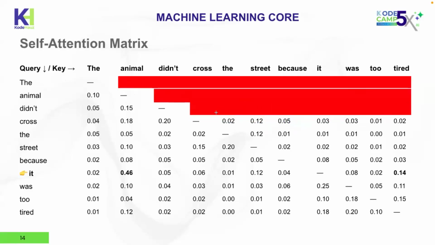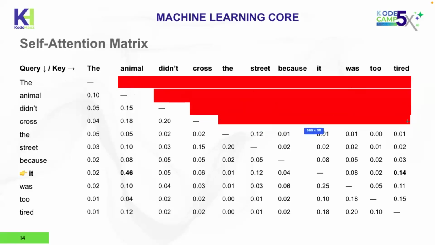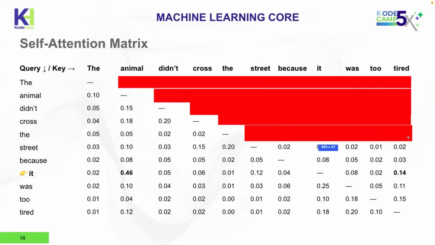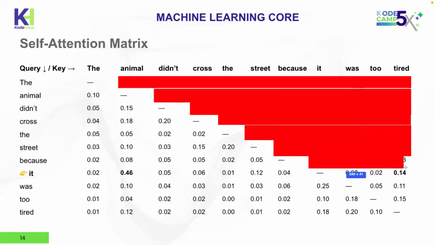So what masking in this case means is that you are going to give the weight a zero value so that the attention calculation will not take into consideration the future tokens, the tokens that have not yet been generated. So that's what we mean by a masked attention layer.